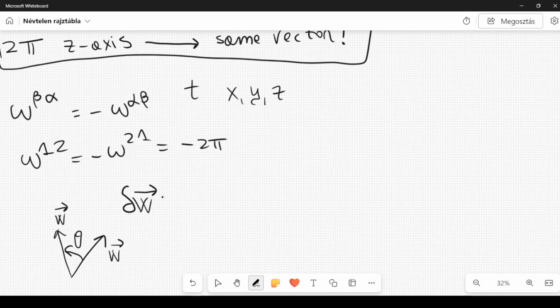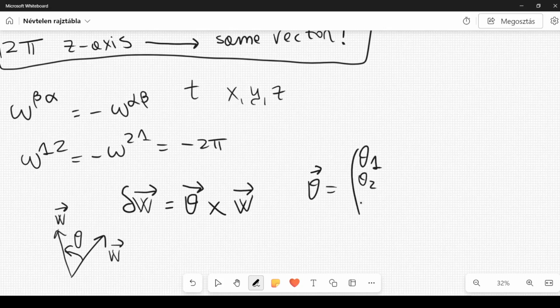The change in w, according to the rules of classical physics, and this is something that, for example, I have derived in a course on rigid body mechanics, you get that the change in a vector due to a rotation is given by the rotation vector theta, which is infinitesimal, remember, cross product with the vector itself, where theta is a vector characterized by three angles, theta 1, theta 2, theta 3.